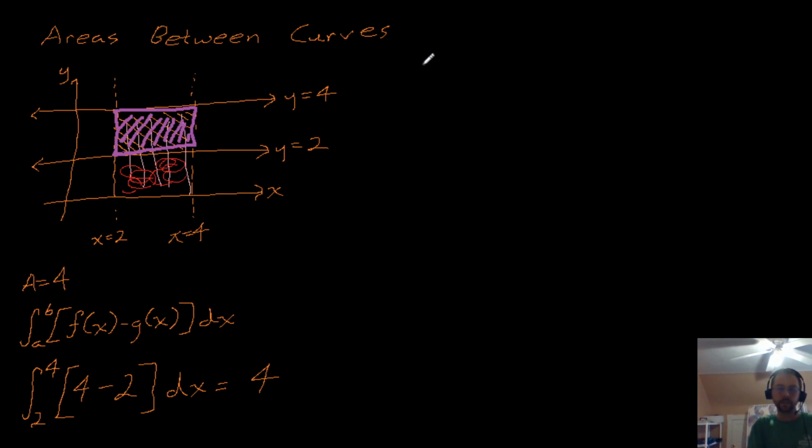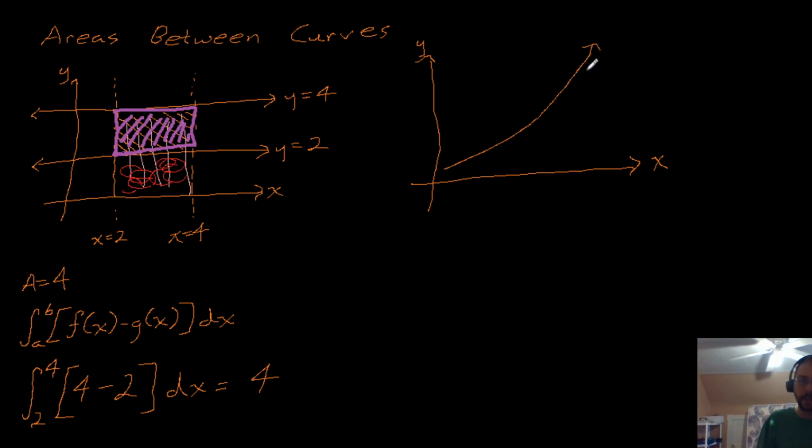So let's look at another example. This is x, this is y, and here I want my curves to be, I'll try to sketch these somewhat correctly. These go on forever, of course. So this upper one I want to be y equals 1/4 x squared.